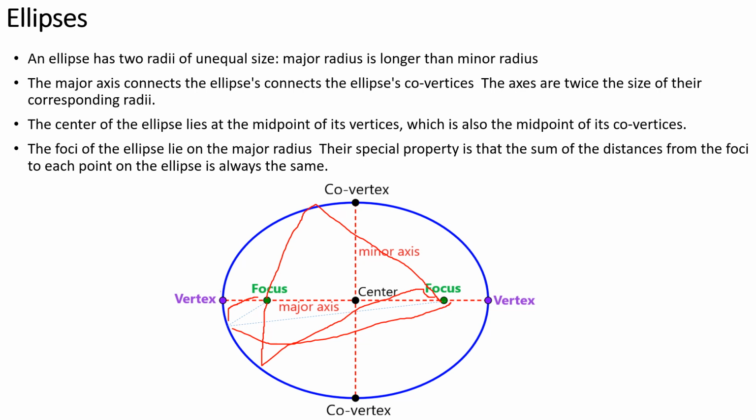If this was 1 and this was 7, that's 8 total. Then if this was 3, this would be 5. If this was 2, this would be 6. We often use the focus in the real world, such as when we're orbiting satellites, to stay within a geosynchronous orbit.